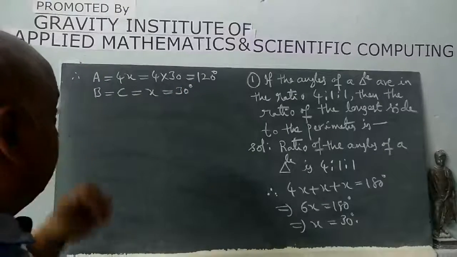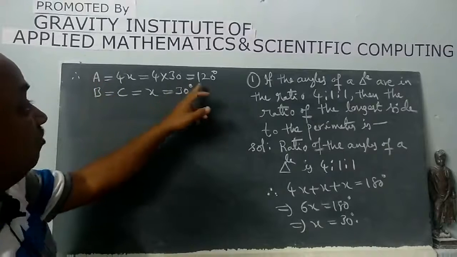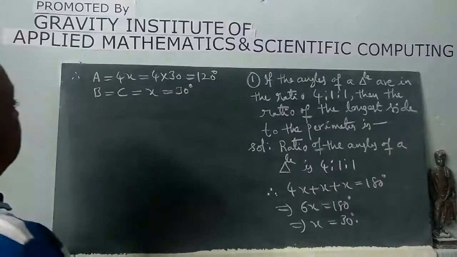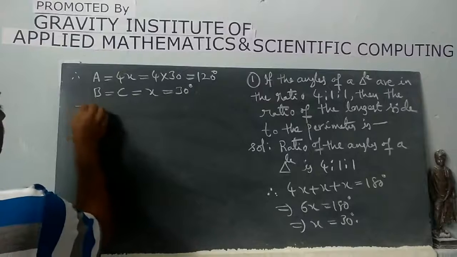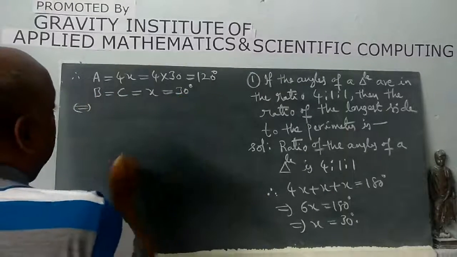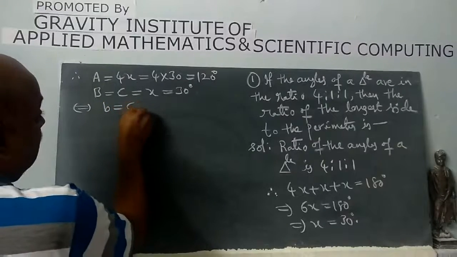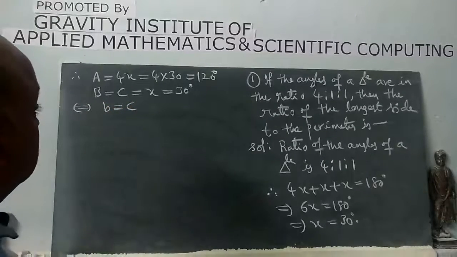So the greatest angle in the triangle is A, which is 120 degrees. So this implies B equal to C is equal to 30. Therefore, small b, the side b, is equal to the side c.